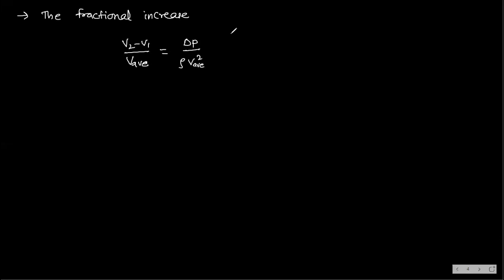The fractional increase in the speed of the air, I'm writing directly like this. That is V2 minus V1 divided by V average is equal to delta P by rho into V average square.